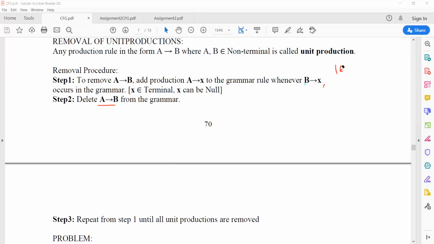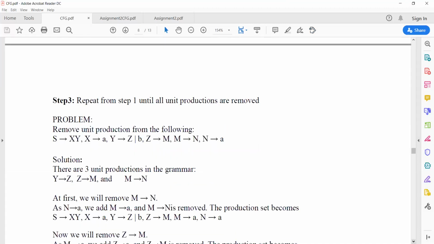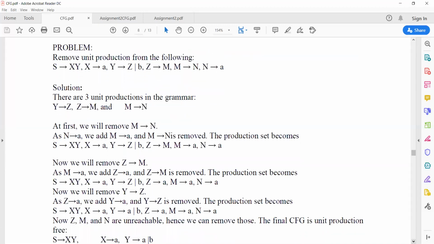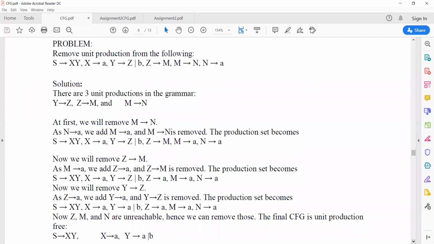Let us now see with an example how this unit production elimination works. Here we have taken one example.